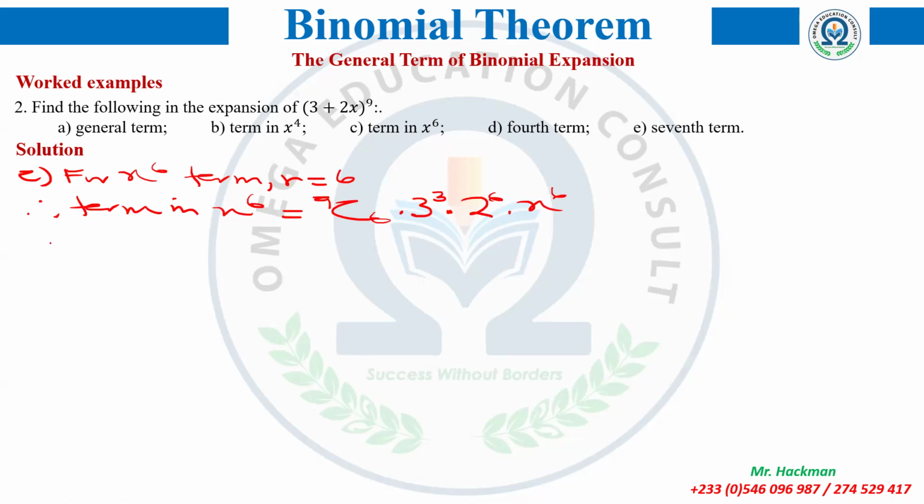So that will be equal to 9 combination 6, 84, times 3 cubed, 27, times 2 to the power 6, 64, then times x to the power 6.